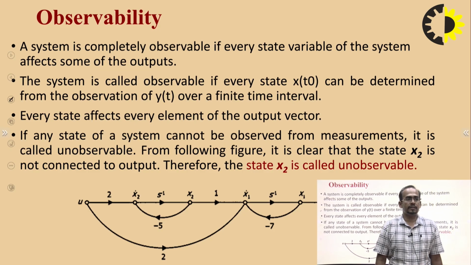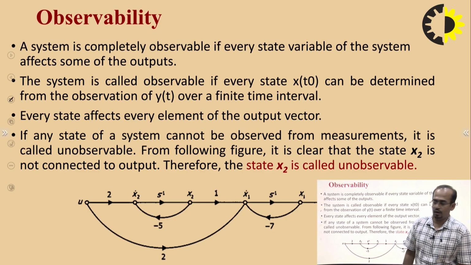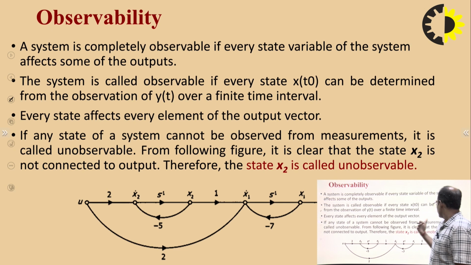If any state of a system cannot be observed from measurements, it is called unobservable. From the following figure, it is clear that the state x2 is not connected to the output. Therefore, the state x2 is called unobservable.